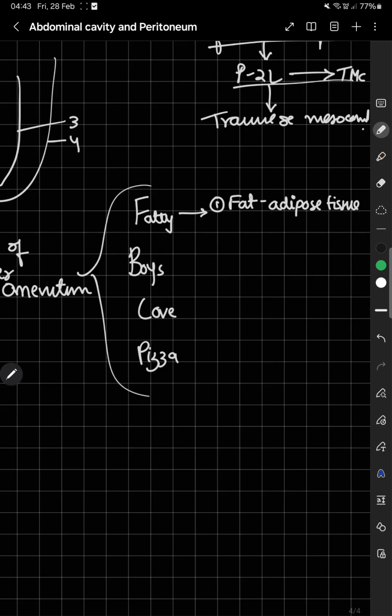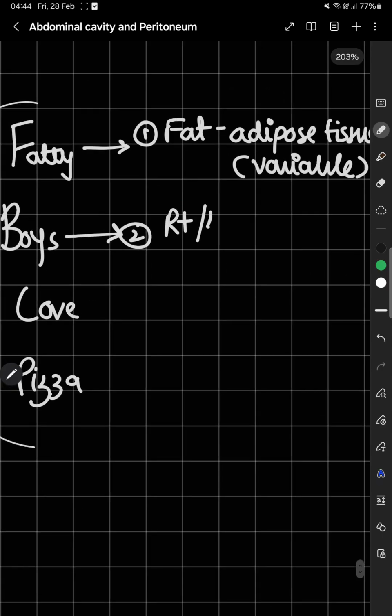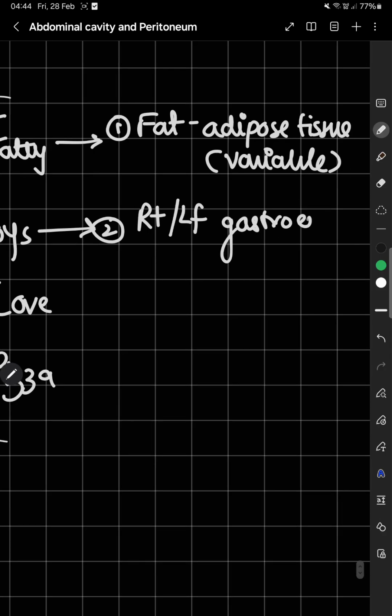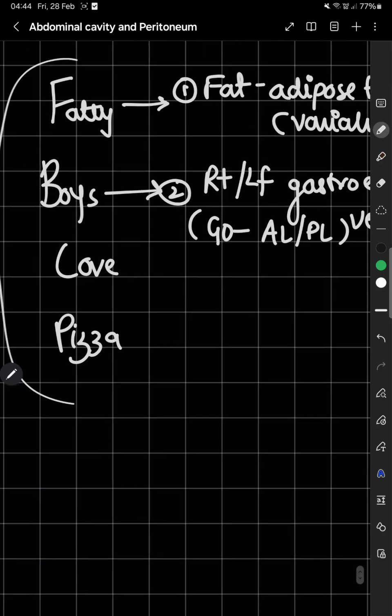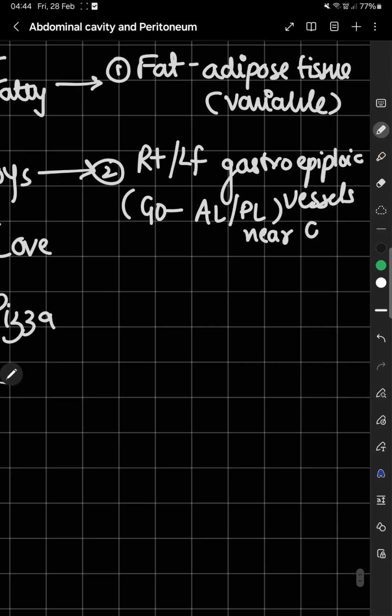Which is very variable according to nutritional status. And then from B we have the blood vessels that are associated. So we have the right and left gastroepiploic vessels, which run between the greater omentum's anterior layer and posterior layer near the greater curvature of the stomach.